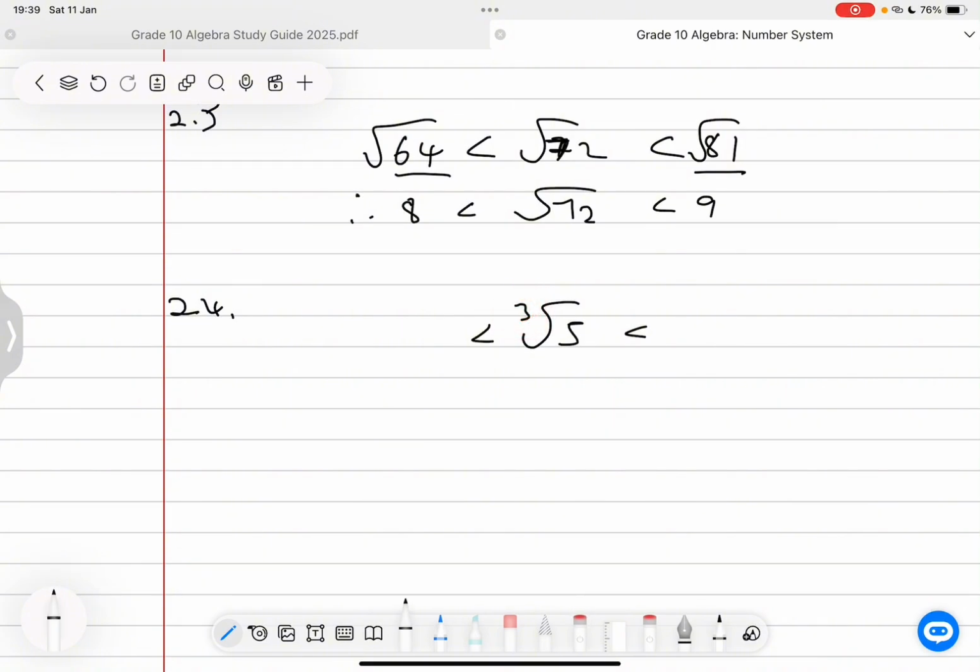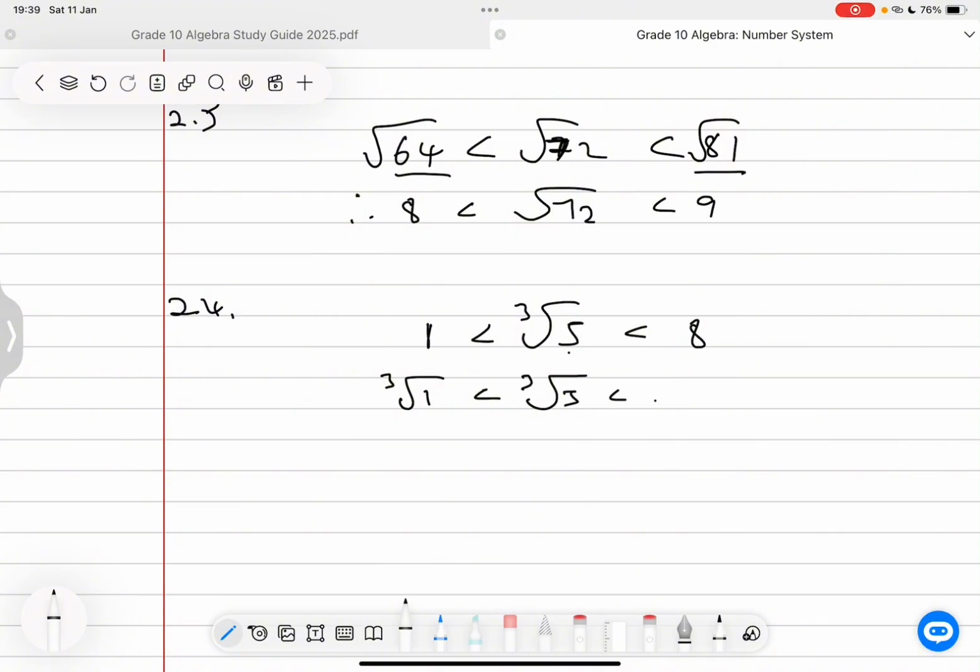The closest perfect cube that is less than 5 would be 1, but the perfect cube that is bigger than 5 and closest to 5 would be 8. Now the second step would be me putting the cube roots on these numbers that I've found, the perfect cubes.